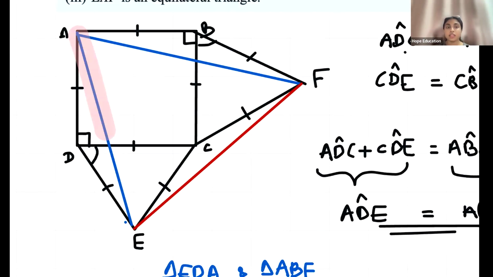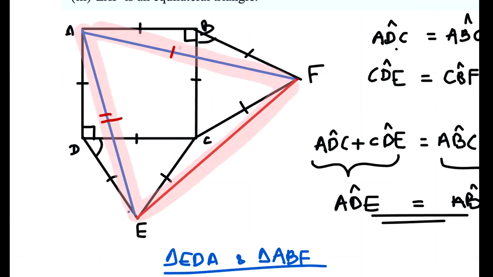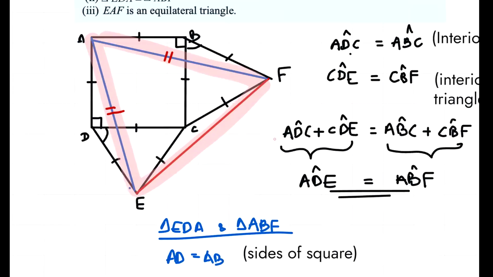Here, EA and AF are anyways equal. Why do I say that they are equal? Because triangle EDA and triangle ABF are congruent, and these are corresponding sides of congruent triangles.